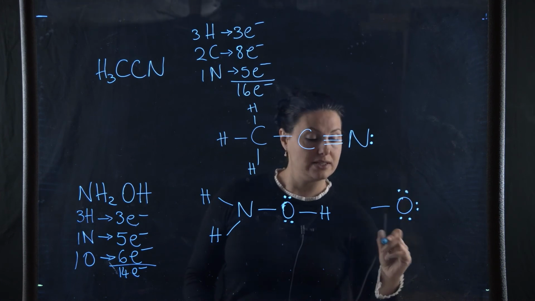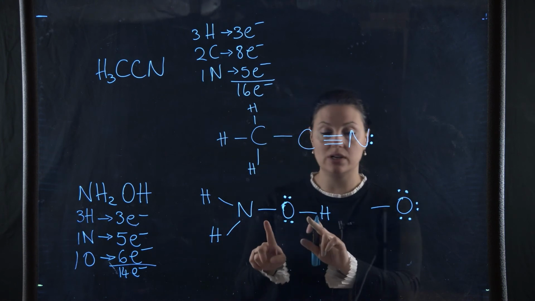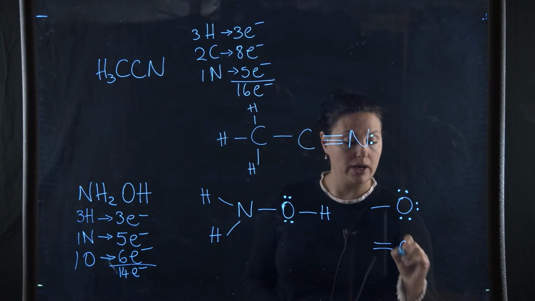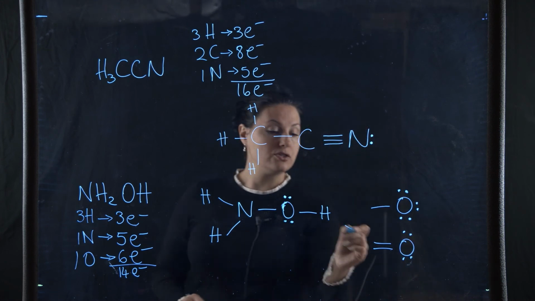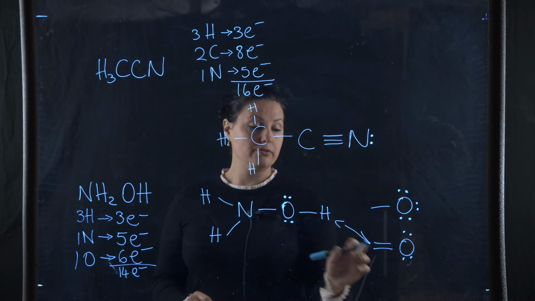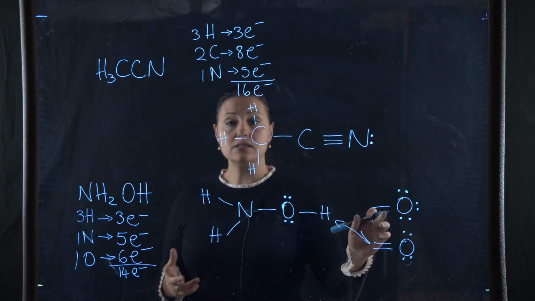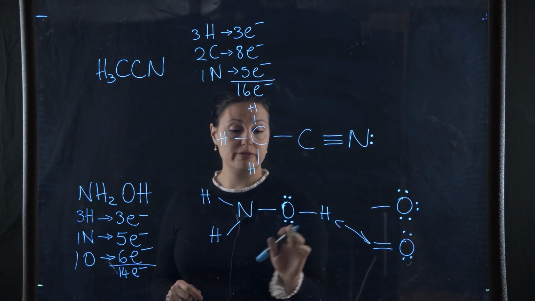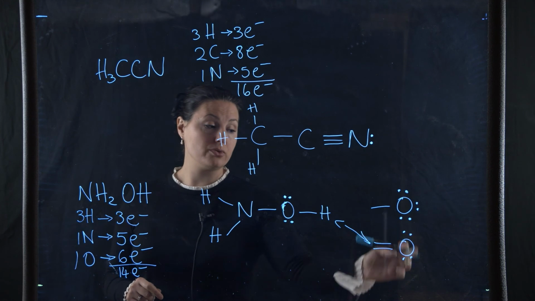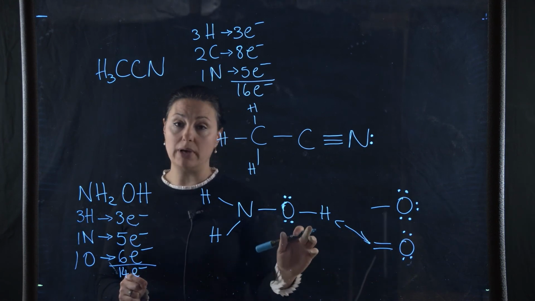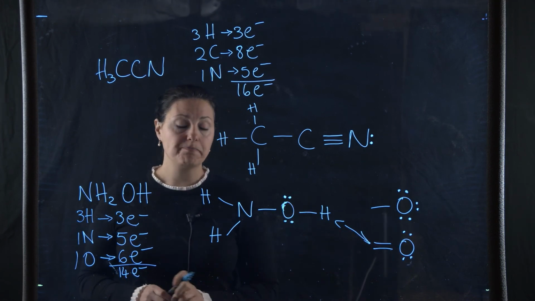Or it could have a double bond, right? This is 2 single bonds. It could also have a double bond with 2 lone pairs. These 2 are the best configurations for oxygen. This, if it's necessary, but oxygen prefers to have either a double bond with 2 lone pairs or 2 single bonds with 2 lone pairs.